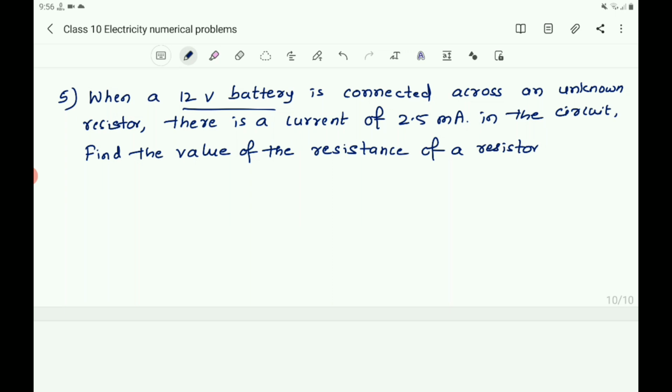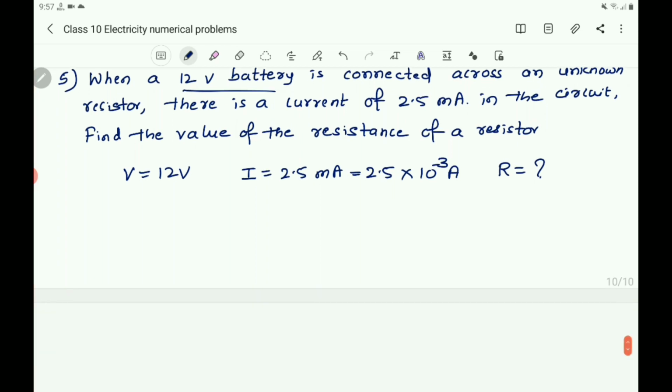So here let us write the values. Voltage is 12 volts and current is 2.5 milliamps, that equals 2.5 into 10 power minus 3 amps. Then what you have to find out? We have to find the resistance of the resistor. So let us write the formula for the resistance.